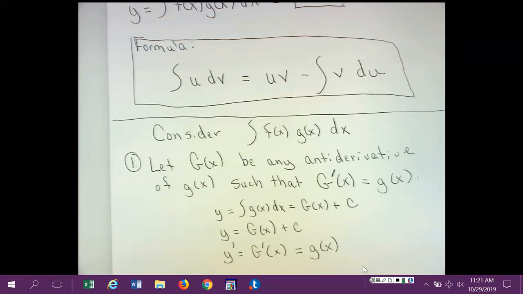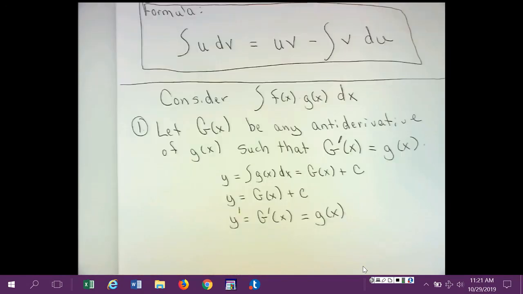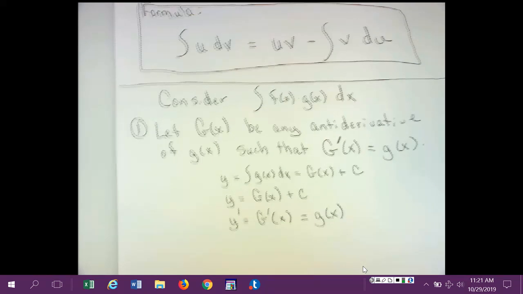So the derivative of the antiderivative is the original integrand. We discussed that at the beginning of the semester. Step number 2.